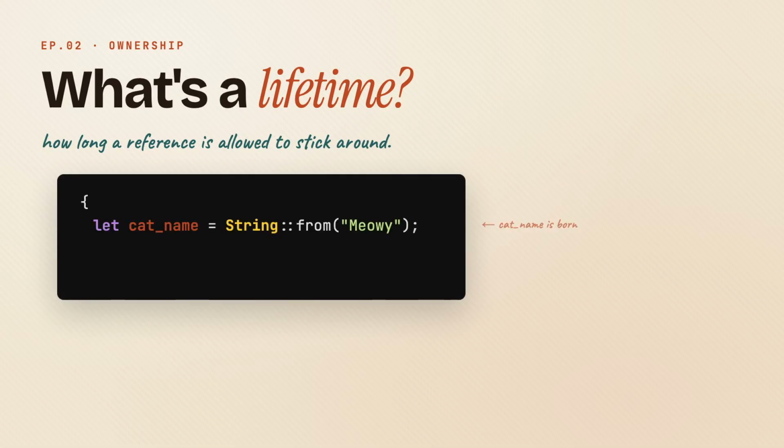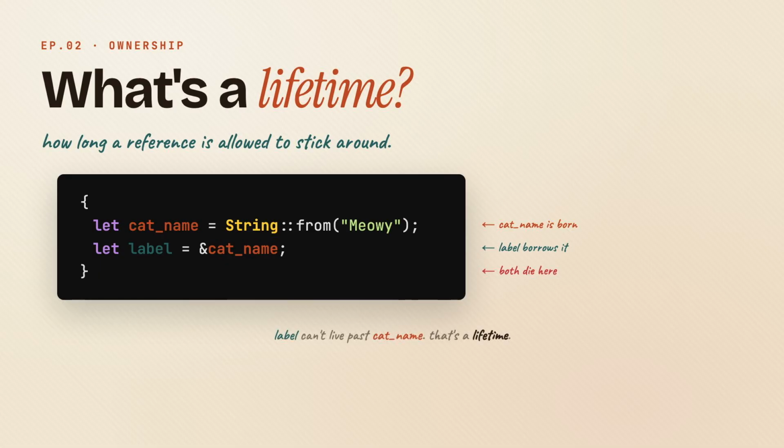The label borrows it. When the closing brace runs, both go out of scope at the same time. Label cannot live past cat name. Same rule as the dangling references from the borrow checker. The compiler is preventing one. Now you know the name for it.